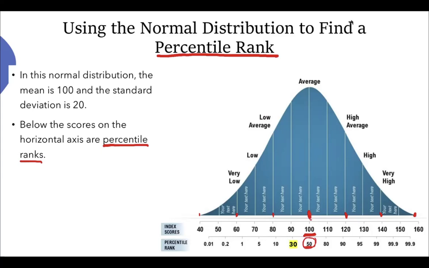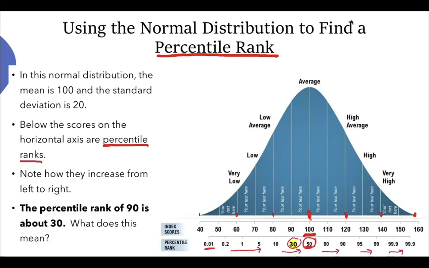But what you also see are other percentile ranks. For example, there's a percentile rank here of 30. Now that's to the left of 50. The percentile ranks are increasing from left to right. So we have very small percentile ranks on the far left, and as you move to the right, the percentile ranks get bigger and bigger.